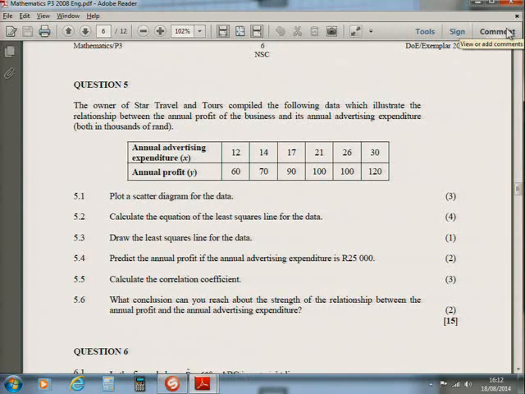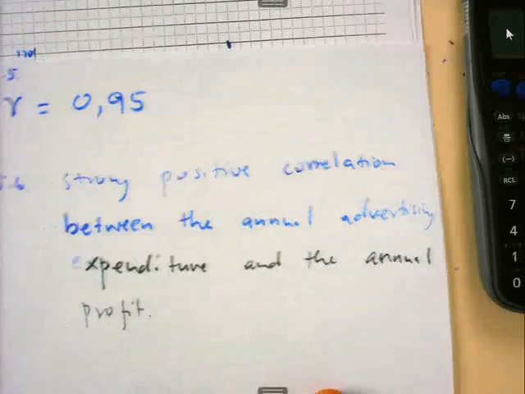With 0.9, it means now we have a very strong, there we are.